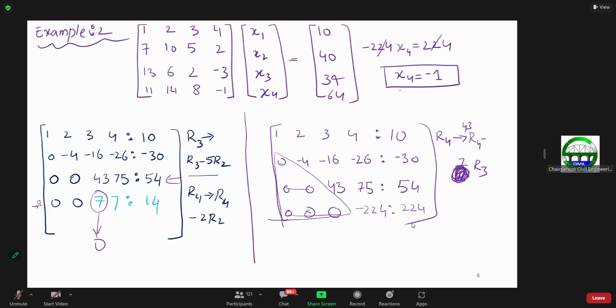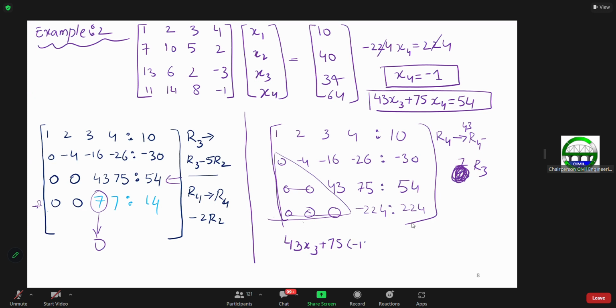We have x1, and then in the next one we can say that 43 x3 plus 75 x4 is equals to 54, right? We have the second equation. So putting the value for 43 x3 plus 75 x4, what is the value of x4?